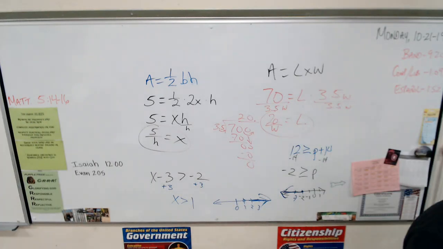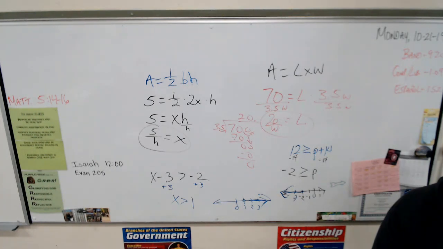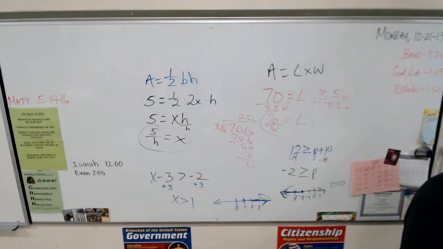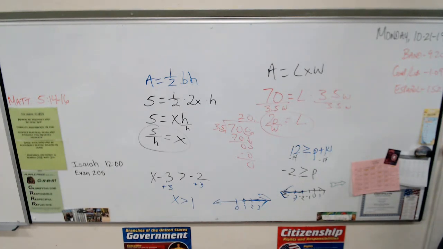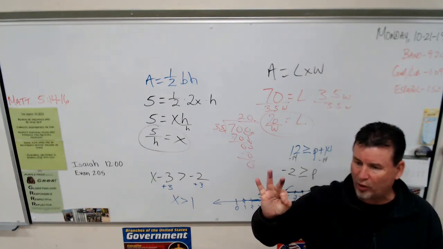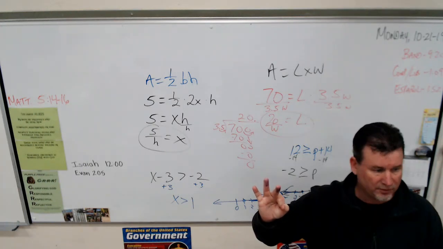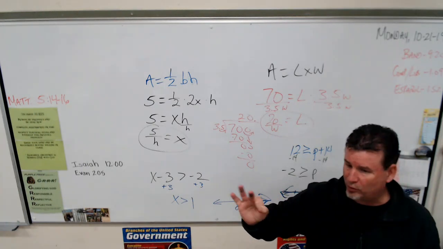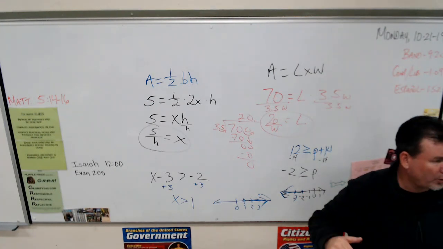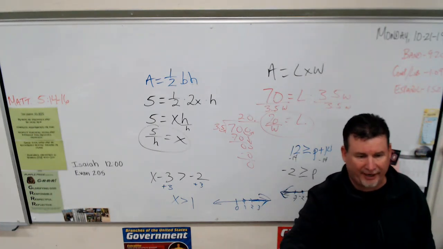Page 142, number 2. Which one are you going to match it with? Which of those graphs means x is less than negative 1? Number 2 goes with which graph on page 142? First question you have to ask yourself: is the circle going to be closed in or open? It's going to be open because it's not equal to. Which way is your arrow going to go if it's less than?